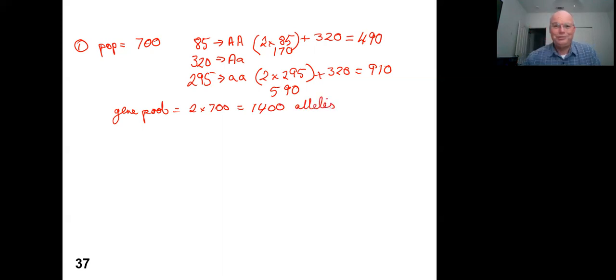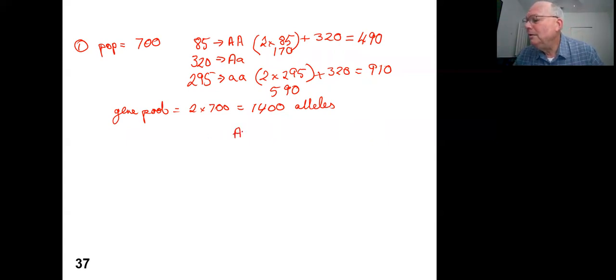Because remember, the gene pool is the sum total of all the alleles in all the individuals. So now to calculate the frequency of those alleles, we simply divide our numbers of alleles by 1,400.